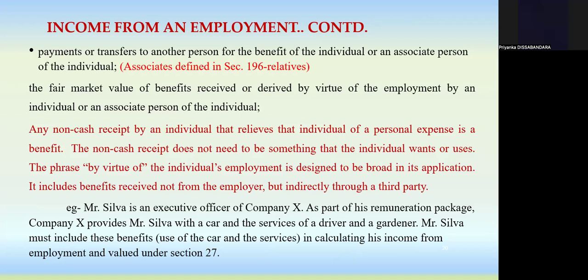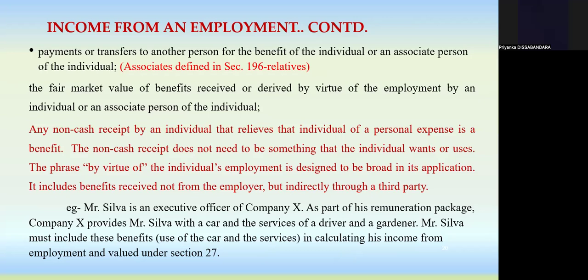For an example, if the company gives a gift to my daughter, because I am an employee under that employer, that kind of gift my daughter received since I am an employee of that organization.